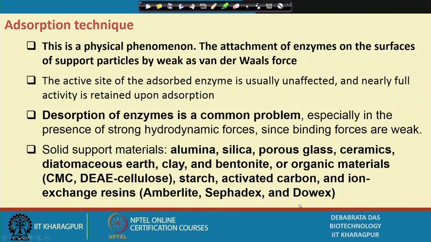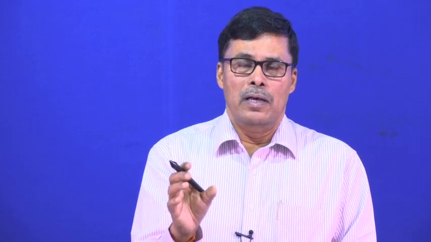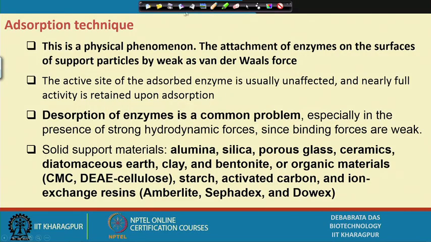Now, the adsorption technique. This technique is largely used by industry, and it is the simplest method, because what we do is pack the solid matrix in the column and pass the enzyme solution. I can give a very simple example here.